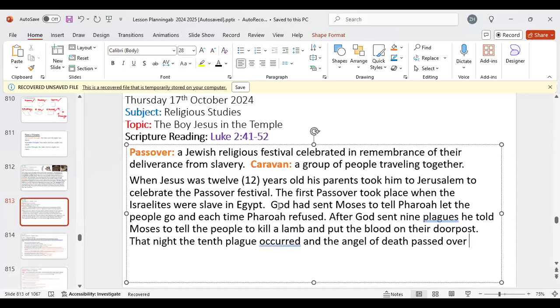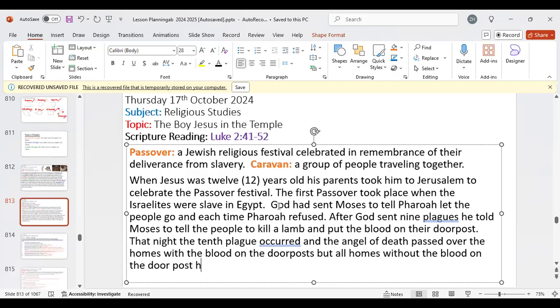It passed over the homes with the blood on the doorposts, but all homes without the blood on the doorposts had their firstborn male, or firstborn son, killed.